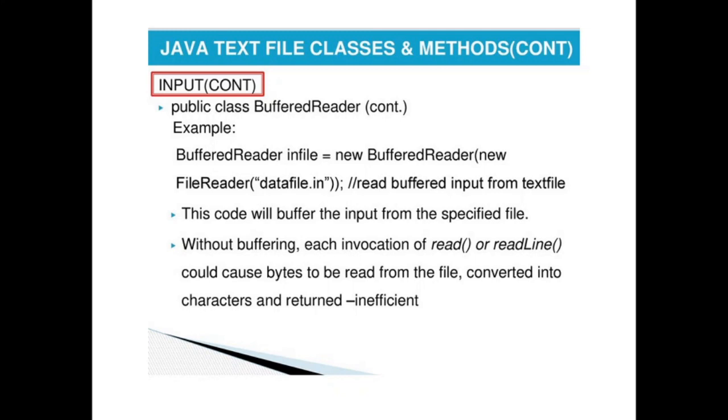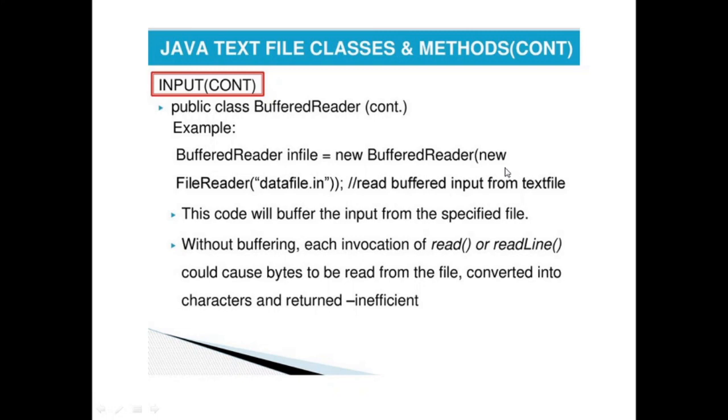Then the BufferedReader, what does it do? The BufferedReader object is used with the FileReader. Here what we have done is that we have created a constructor call on the fly.